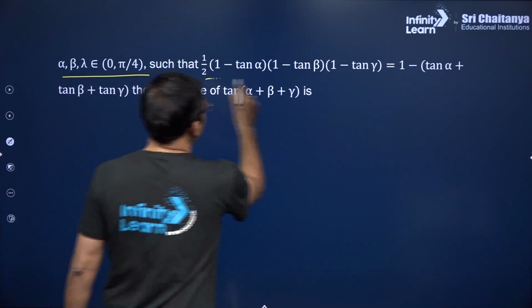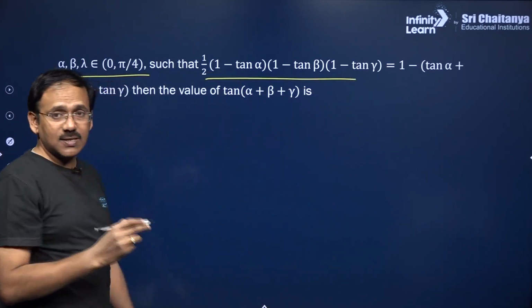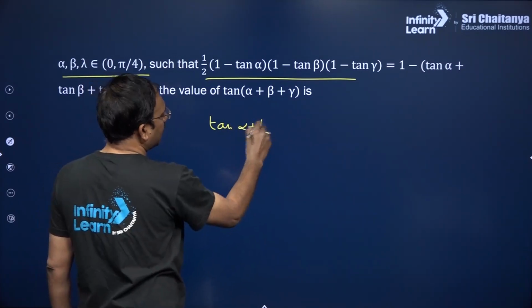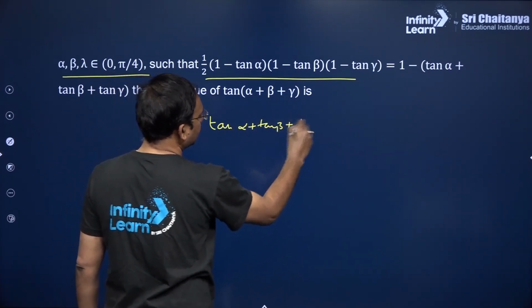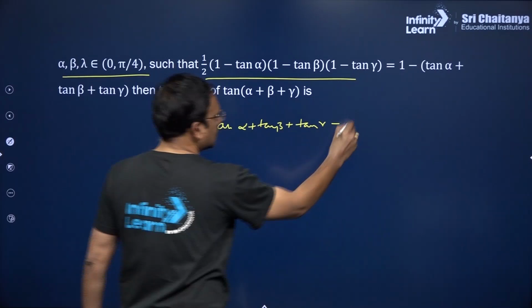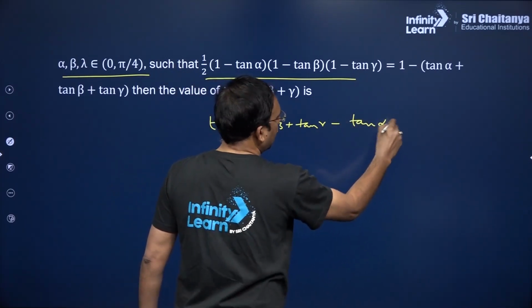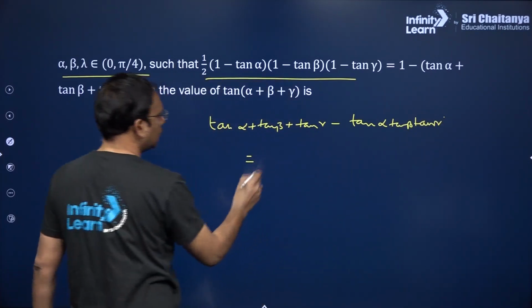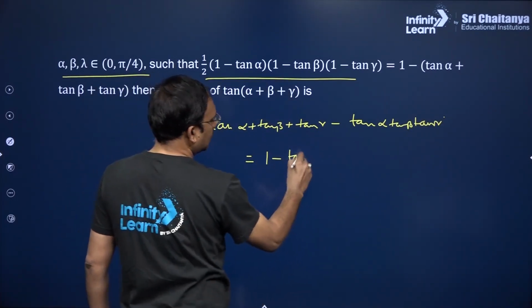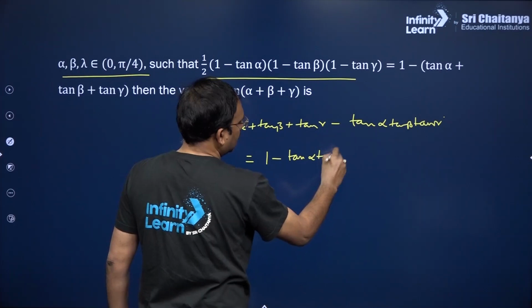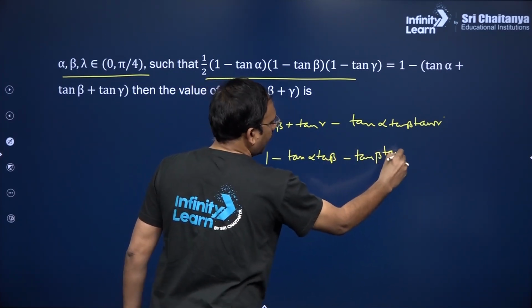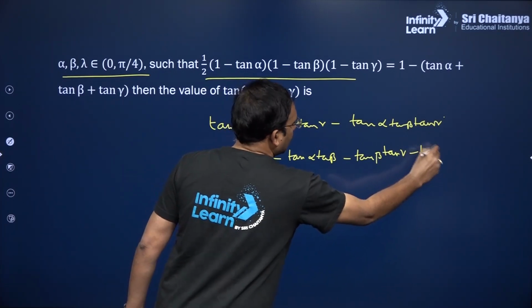There is a simple relation connecting them. You just simplify, my dear friends, and you will get tan alpha plus tan beta plus tan gamma minus tan alpha tan beta tan gamma is equal to 1 minus tan alpha tan beta minus tan beta tan gamma minus tan gamma tan alpha.